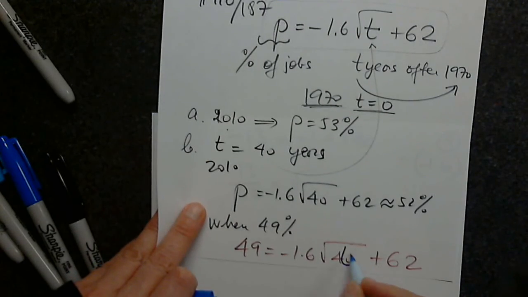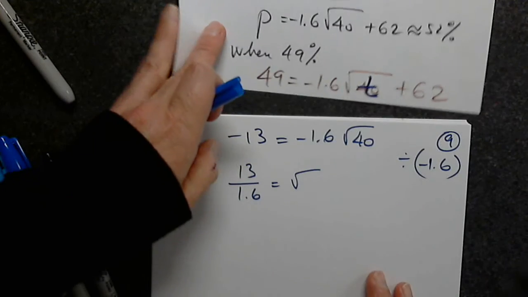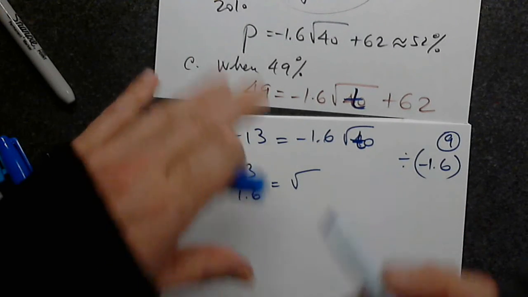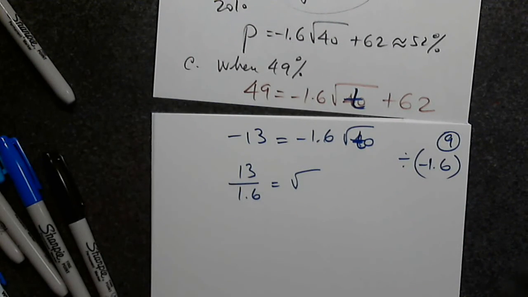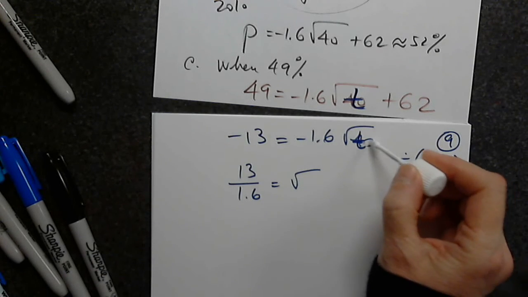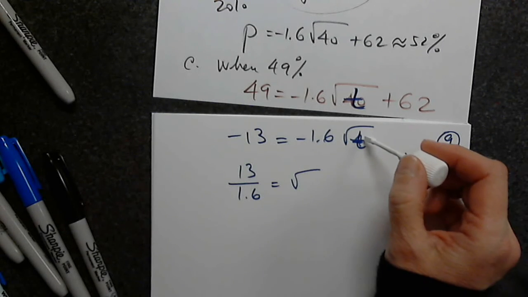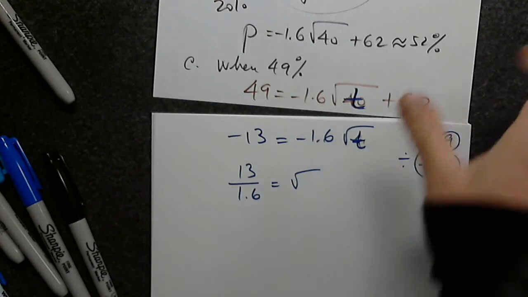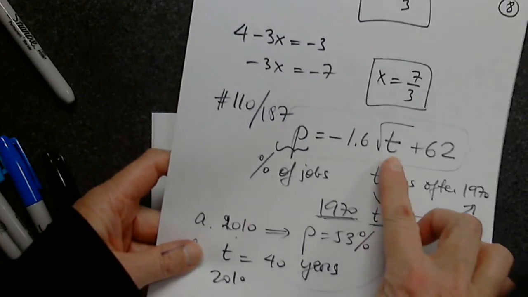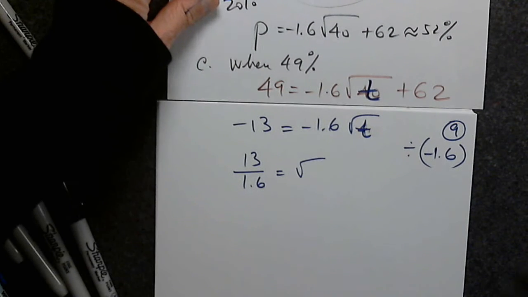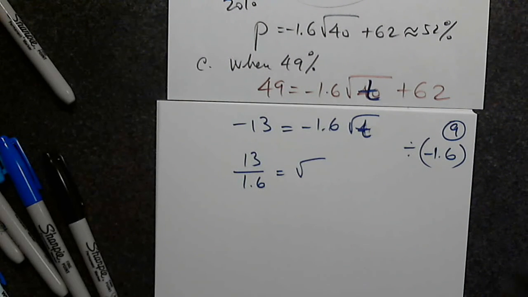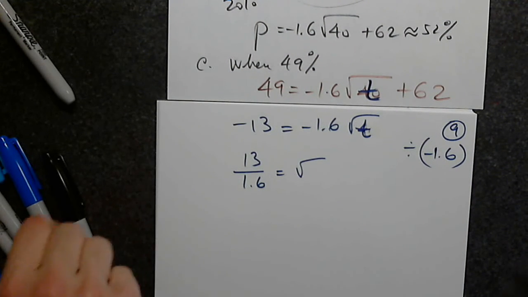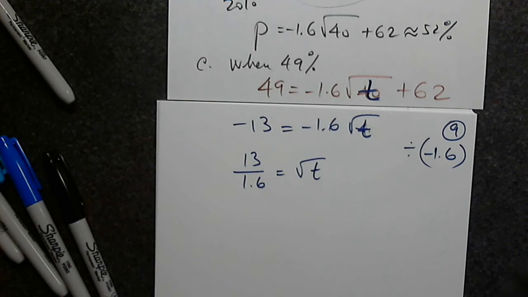I'm sorry, of course it's T, not the 40. I just didn't copy the right one. It's negative 1.6 times the square root of T, plus 62. Okay, very good. We move 62 to the other side and divide by 1.6.